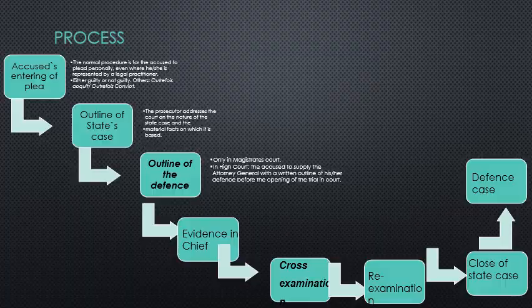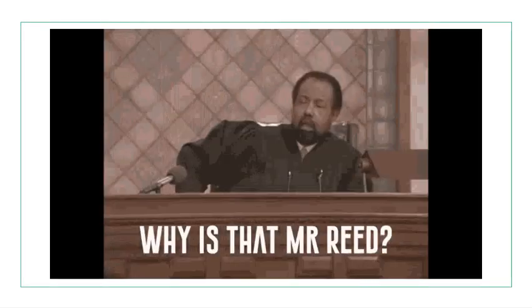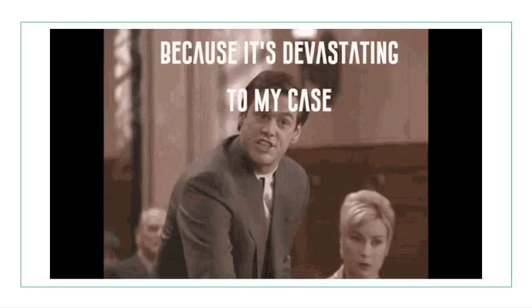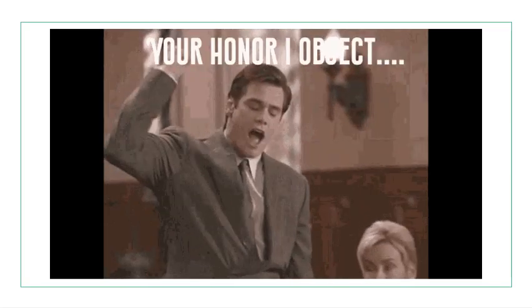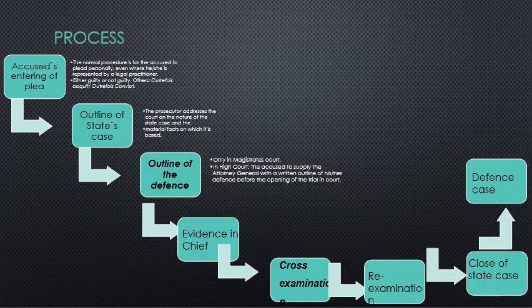So in cross-examination you are destroying to a point wherein you are trying to devastate the state's case, right? In re-examination, the state now comes in and tries to mend its case, the case that you have destroyed in cross-examination. I gave examples in class. We'll talk about them.